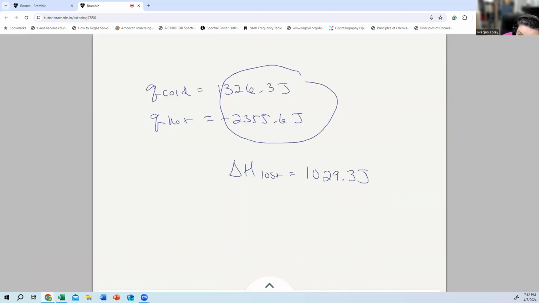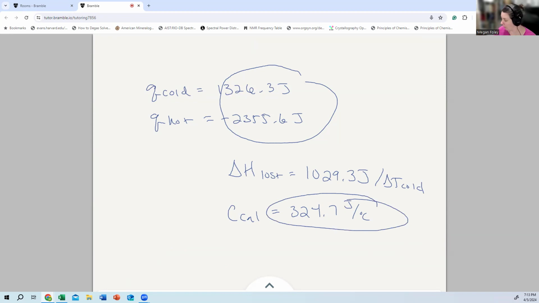To get a calorimeter constant of 324.7 joules per degree Celsius. So that is the calorimeter constant that we're going to be using for the rest of these calculations.